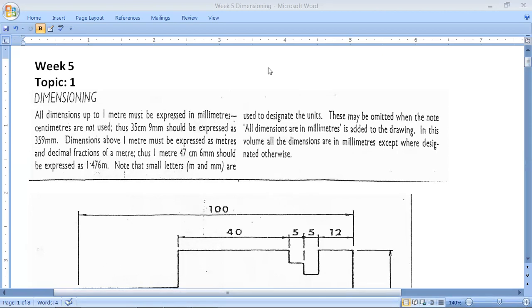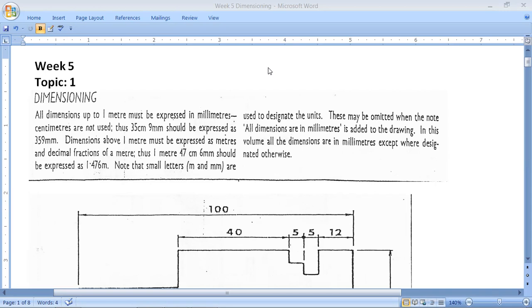For this week number 5, we're going to be looking at 2 topics. The first one is the rules of dimensioning for both projections: the one that we finished last week, orthographic projection, and the one that will come after this, isometric projection.